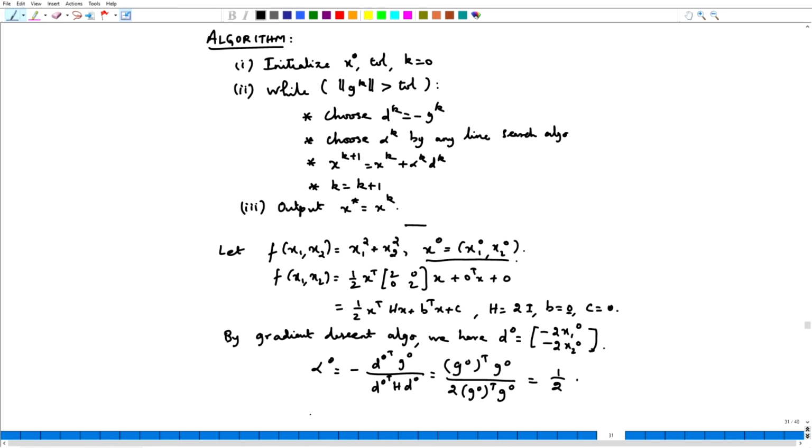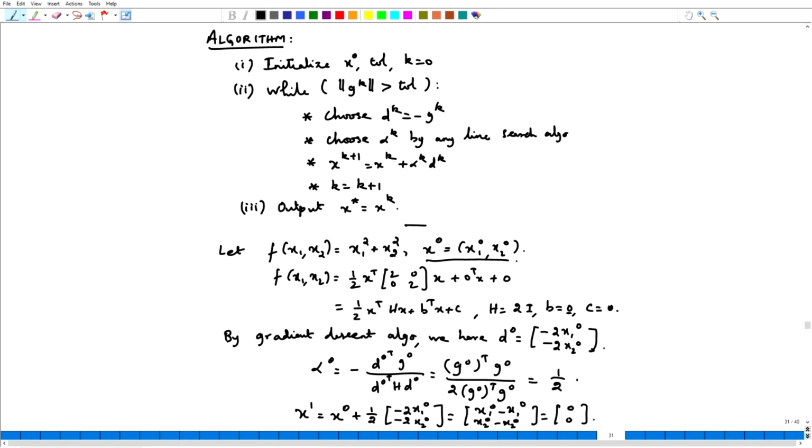Let us find x 1. x 1 is x 0 plus half into minus 2 x 1 0, minus 2 x 2 0. So, that is x 1 0 minus x 1 0, x 2 0 minus x 2 0, which is 0 0.